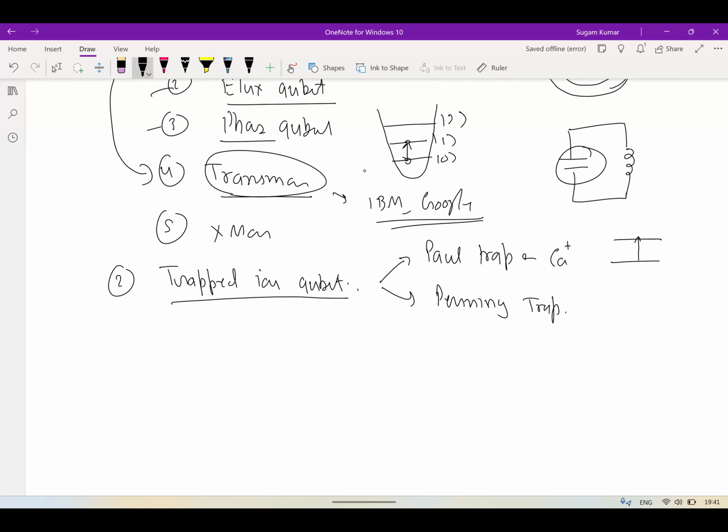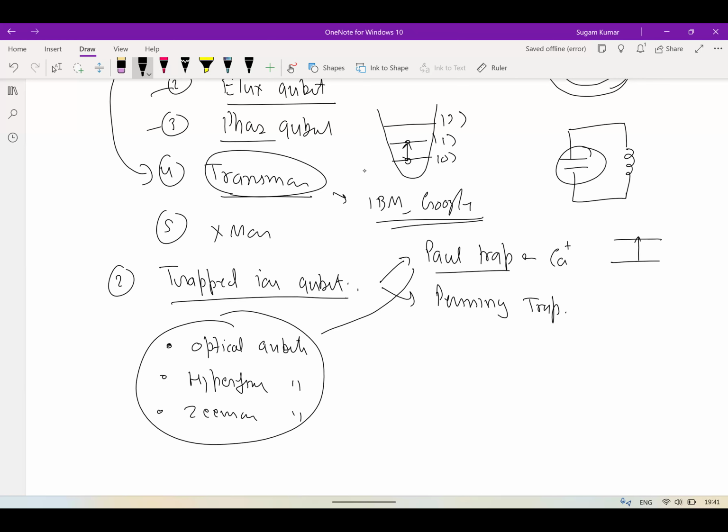There are different types of levels you can use. For example, if you use the Zeeman levels, they correspond to what we call optical qubits. You can use the hyperfine levels, which we call hyperfine qubits. And we can call the Zeeman levels Zeeman qubits. These are the possibilities in the Paul trap.